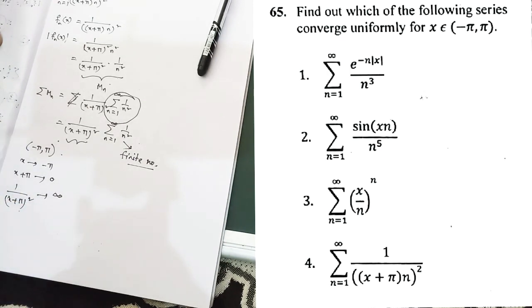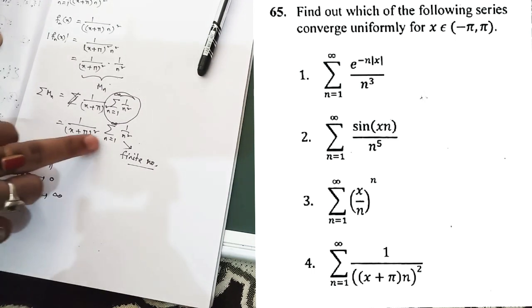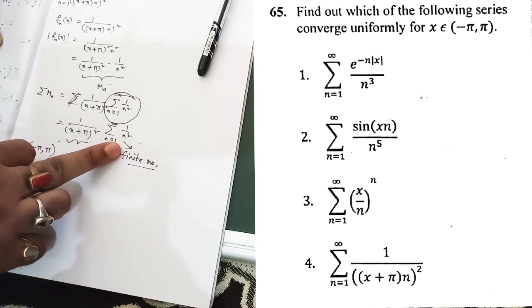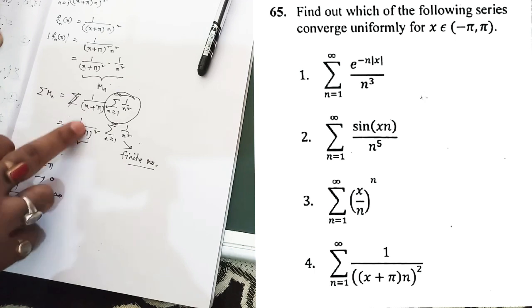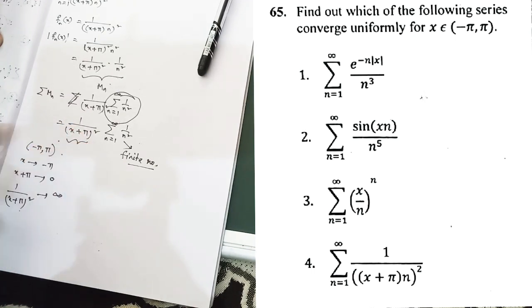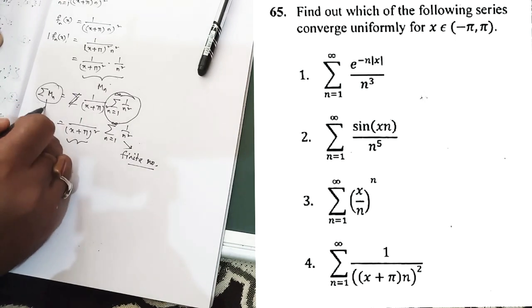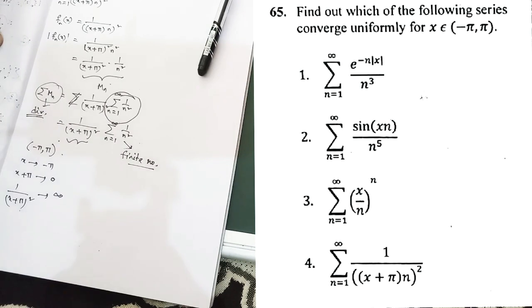In fact, it is turning out to be an unbounded quantity, isn't it? Because the finite quantity here is no problem, but whenever x tends to minus pi, then this term will go to infinity. Thus you can say this series will be divergent in that case.